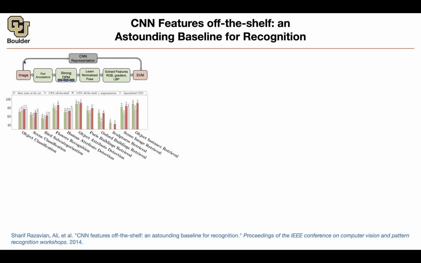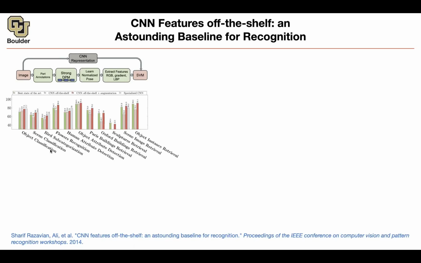Now, the idea is that you can bypass the entire thing with a CNN, and you can apply it to different domains. You can do object classification. And from left to right, we are going further and further away from the original task that the network was trained on. These CNN features are trained on ImageNet, which was the object classification task.